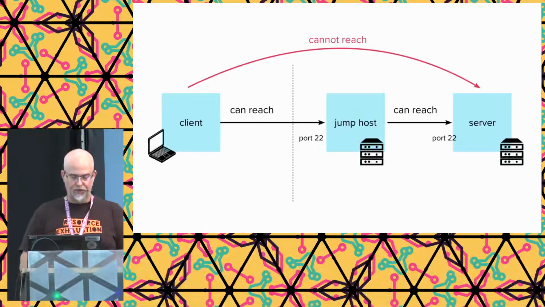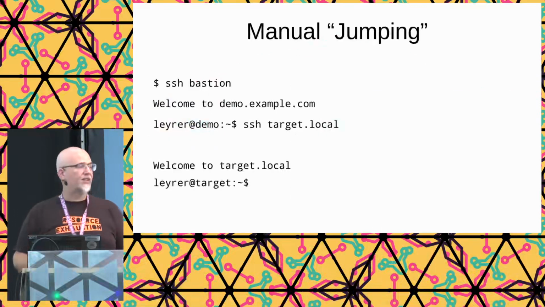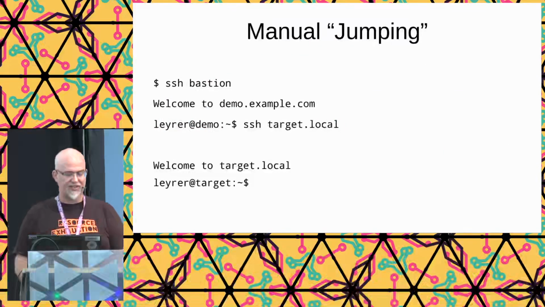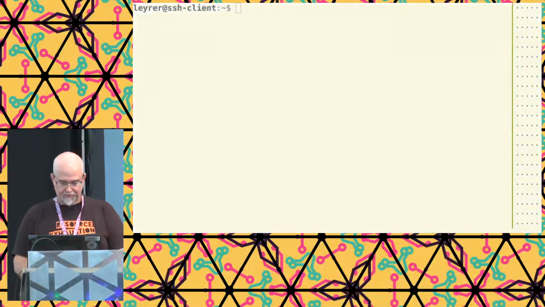So what you usually do is you SSH into the Bastion host, then you're logged in at the Bastion host, and from there SSH to the target host. So basically what you do is SSH demo or Bastion, let's keep it with demo.